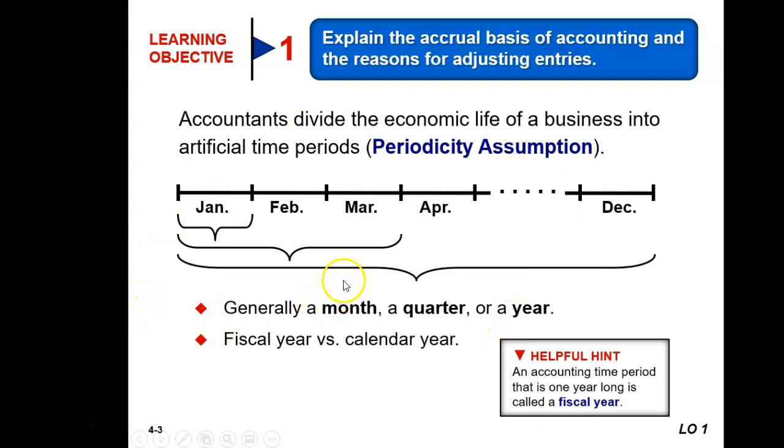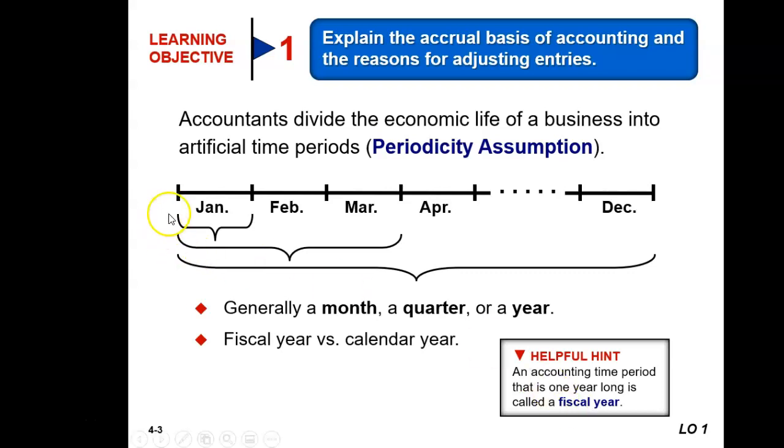So when it comes to accounting, if you are a public corporation, you must choose what's called your fiscal year. What's a fiscal year? A fiscal year refers to any 12 consecutive months that has been chosen as the accounting period for that business organization.